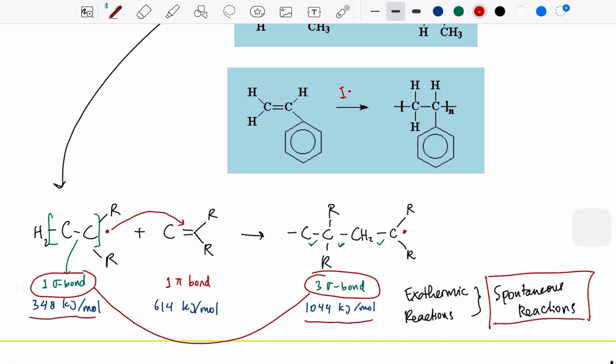And then another thing is, if you think closely, this radical is always there. So if the process or the reaction is still active, the radicals will still be there until maybe the monomer is gone, probably.